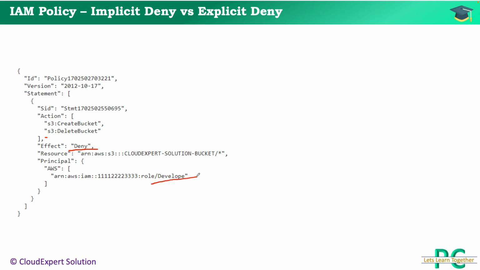Compared to the previous policy, where I explicitly allowed the team lead to create bucket and delete bucket, here I am explicitly denying the developers. That is why this policy explicitly denies any permission for the developer.